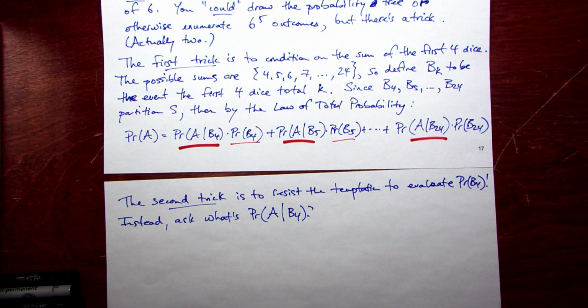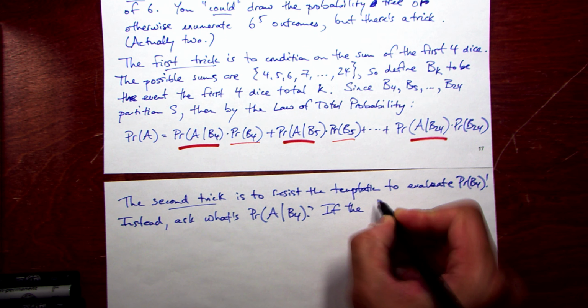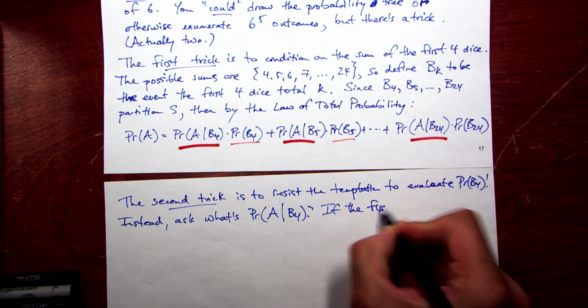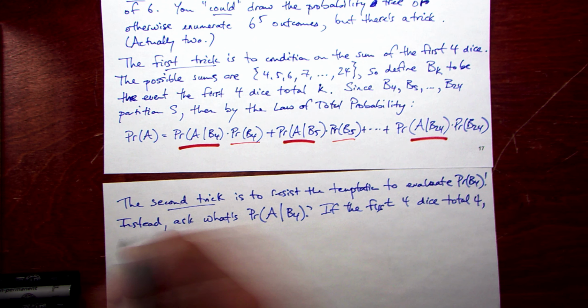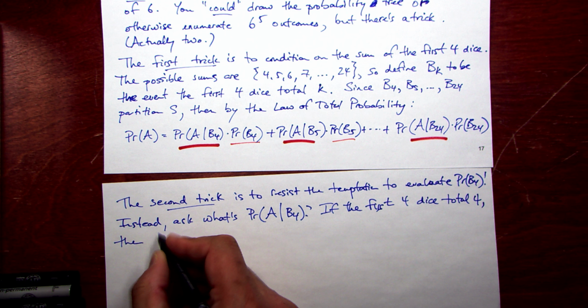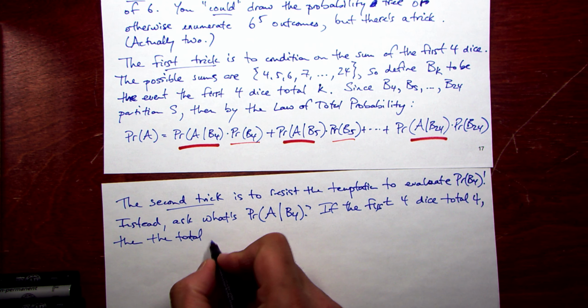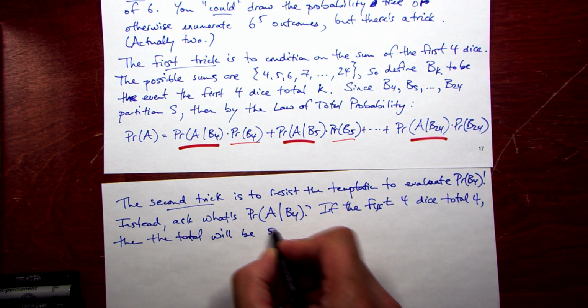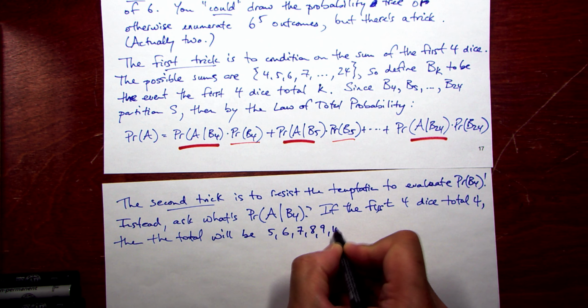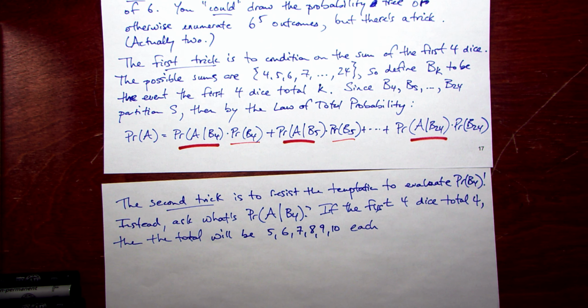If you look at the problem, the first 4 dice have got 4, and the fifth die can be 1, 2, 3, 4, 5, 6, so the total can be 5, 6, 7, 8, 9, 10. If the first 4 dice total 4, then after we add in the fifth die, the total will be one of 5, 6, 7, 8, 9, or 10, and each of them is equally likely.